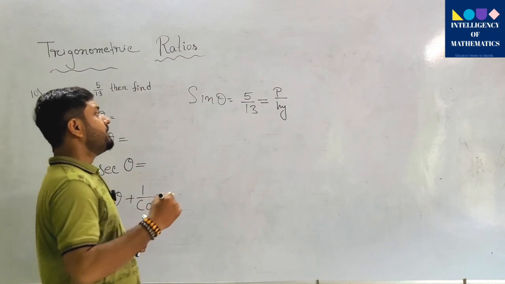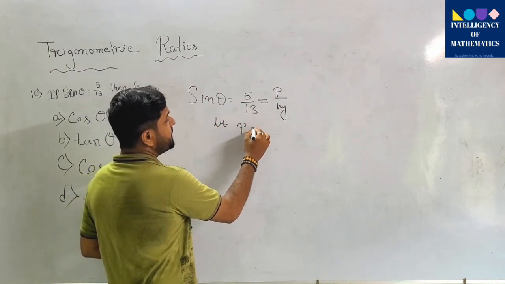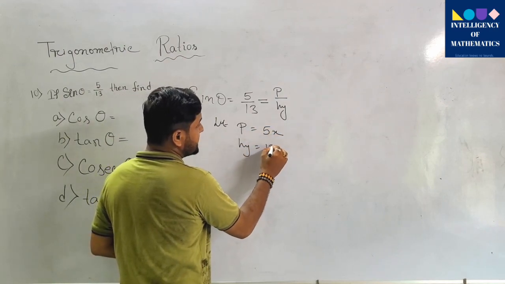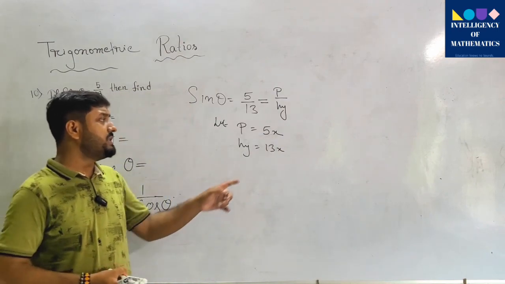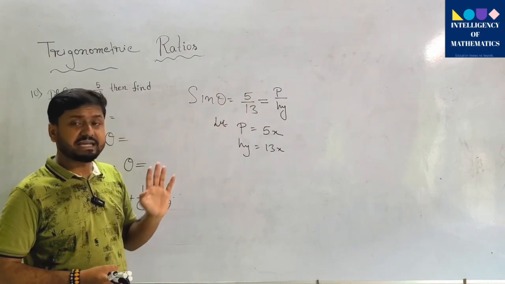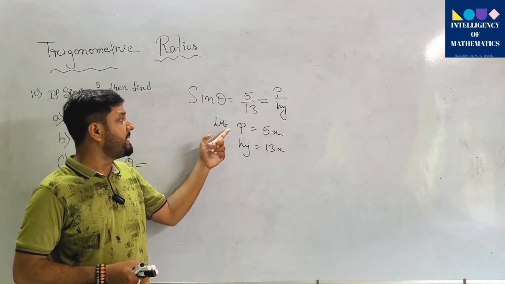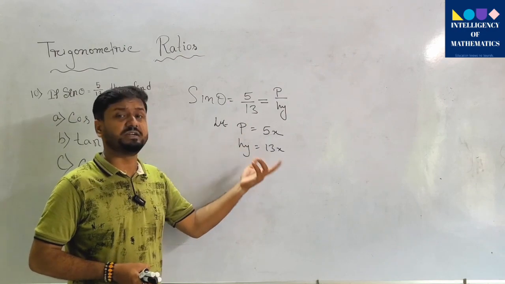Now let the perpendicular be 5x and the hypotenuse 13x. In some books it is given without the variable, but whenever ratios are given directly you cannot take the perpendicular as 5. You have to take the perpendicular as a multiple of 5 and the hypotenuse as a multiple of 13.